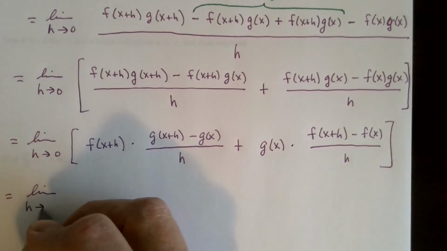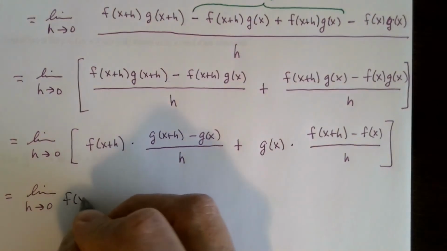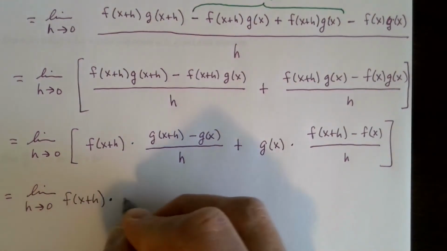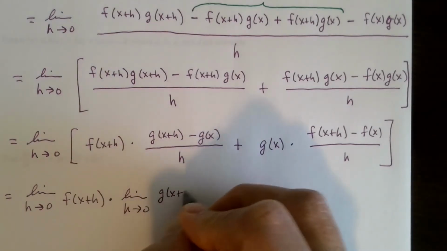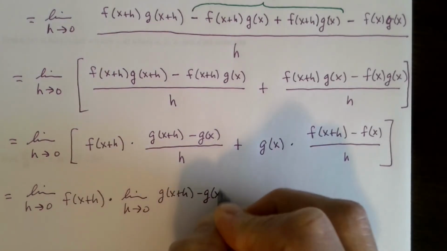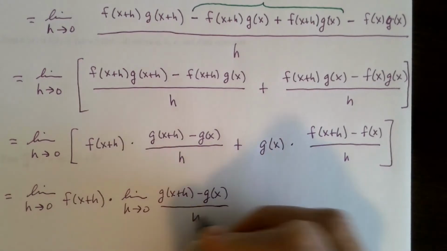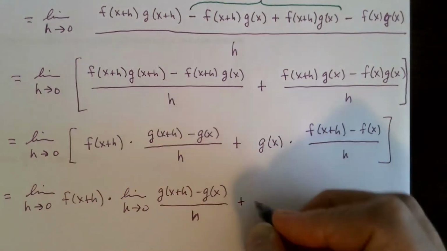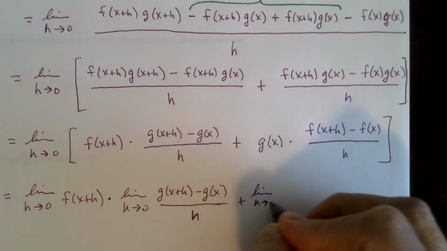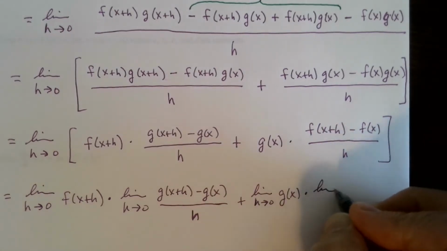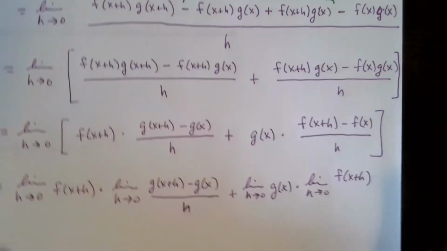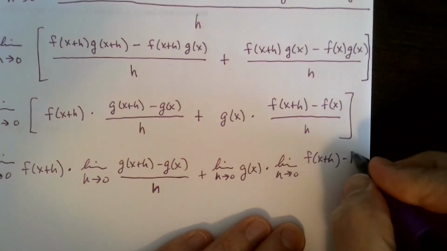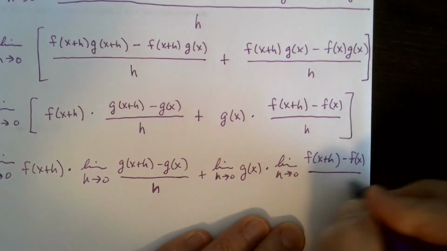So first I'll say the limit as h goes to 0 of f of x plus h times the limit as h goes to 0 of g of x plus h minus g of x over h, plus the limit as h goes to 0 of g of x times the limit as h goes to 0 of f of x plus h minus f of x all over h. Okay.